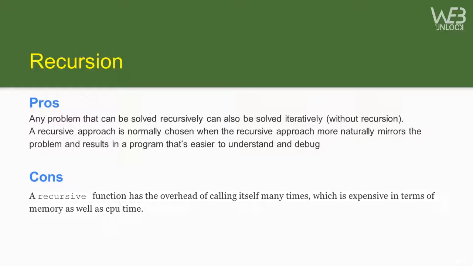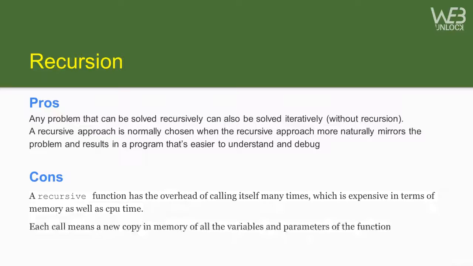And the memory impact is that each time you call the function again and again, all the variables that are local to the function, in addition to the parameters of the function, are going to be copied on the stack. Even though your computer might have a large memory, the problem here is that the stack memory is limited in size.